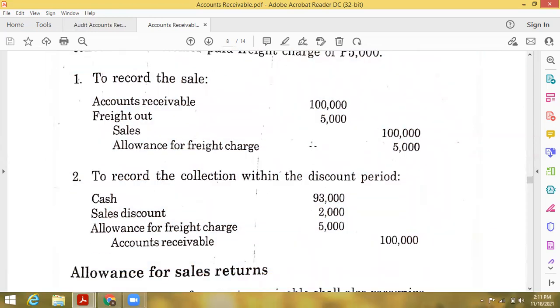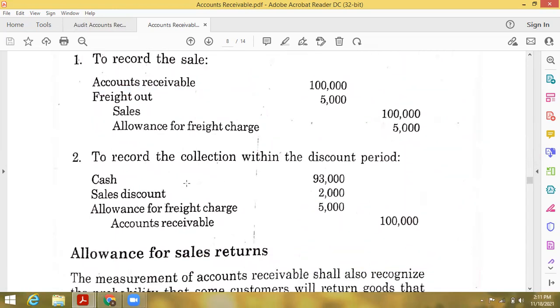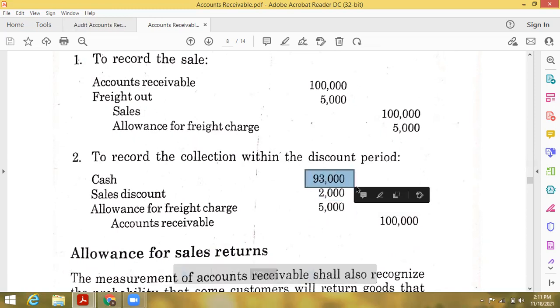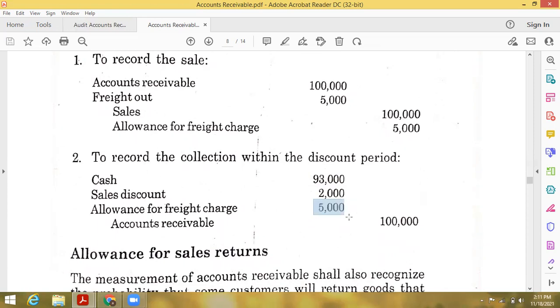To record the collection within the discount period, so ito siya, we have cash 93,000 kasi binawas yung 5,000 na utang natin plus yung discount na 2,000. So 93,000 lang yung ma-receive ko. Kasi yung 5,000, ako dapat magbabayad na to, binayaran na ni buyer, bawas na lang daw dun sa cost ng product.